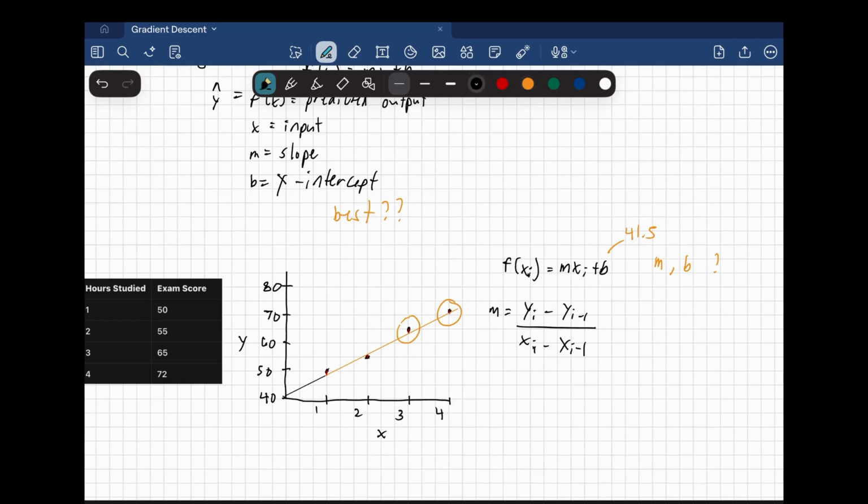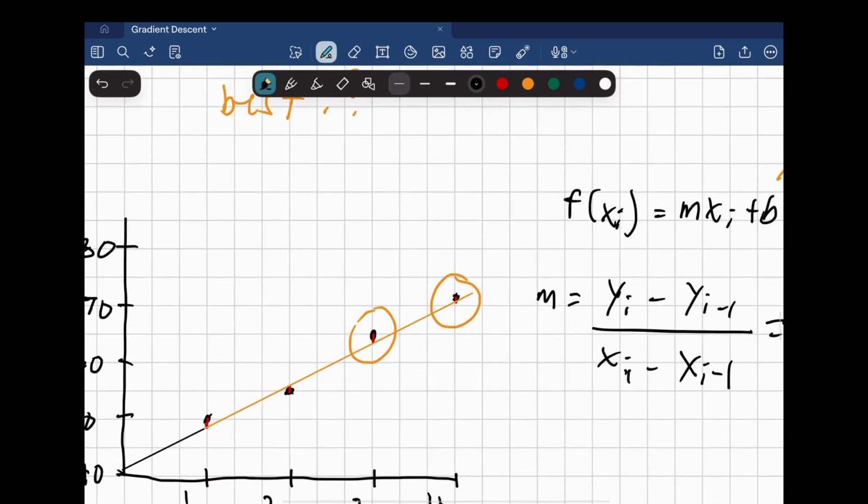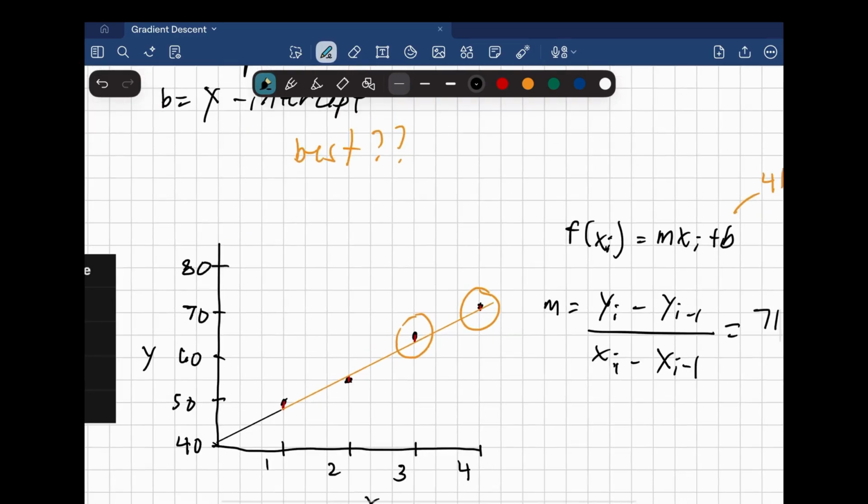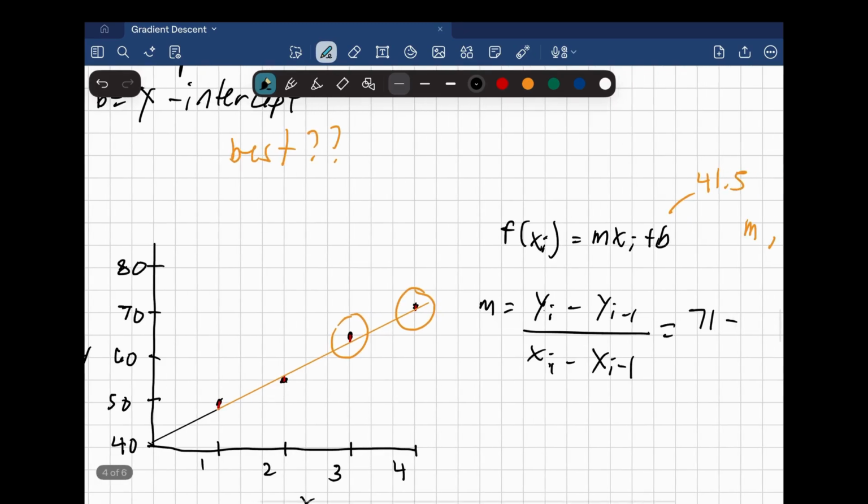To compute that, we just input the values. So yi is about 71 minus yi minus 1, which is approximately, by the way, we're referring to the value of the predictions using this line, so we're using the y values from this line, not the actual points.